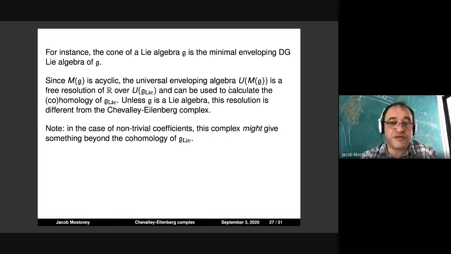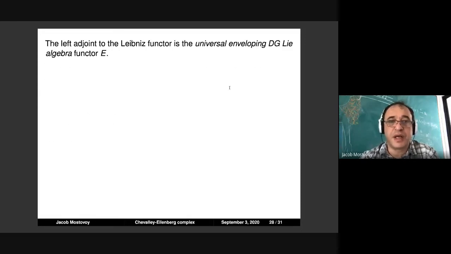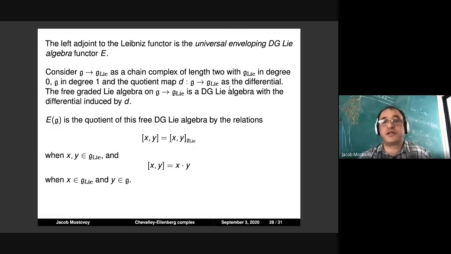Leibniz algebras actually have more representations than Lie algebras. So in the case of non-trivial coefficients, we can have something beyond the cohomology of the Lie quotient. But the left adjoint to the Leibniz functor is more interesting. It's something we call the universal enveloping DG Lie algebra.